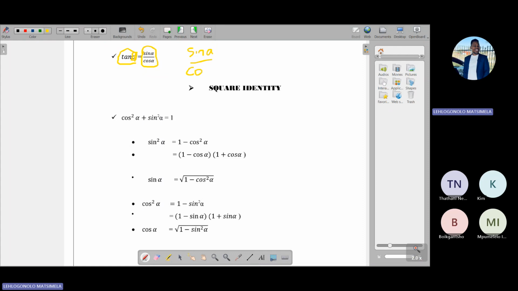Why? Because these two things have two different angles. We can only say so if they have one same, common angle. So if the angles are not the same, we cannot conclude that the expression is equal to tan.